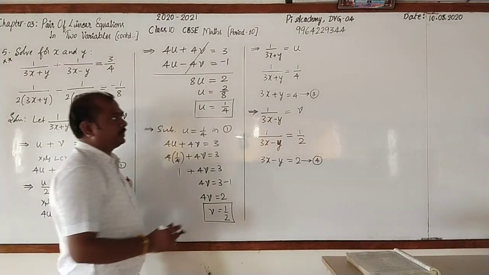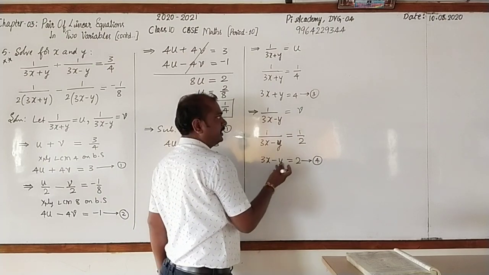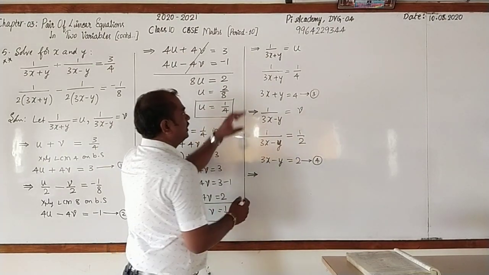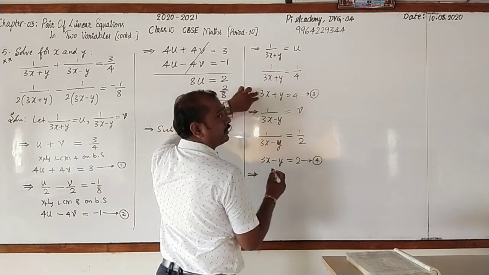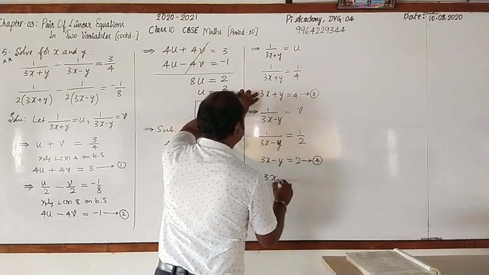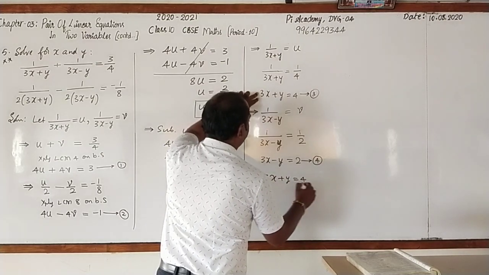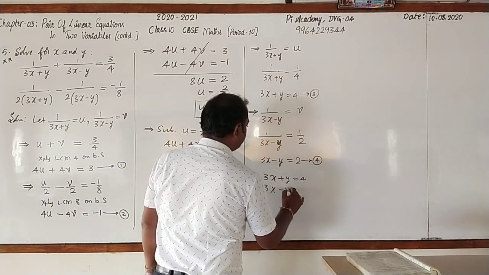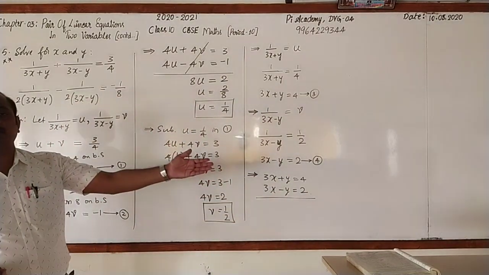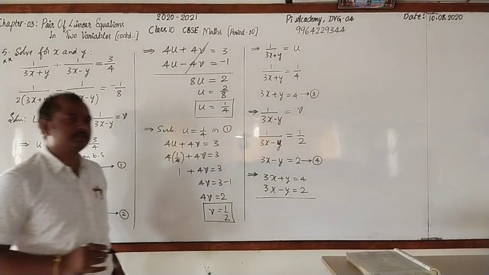Now observe both the equations. The coefficients are the same. Hence, directly you can go for taking them together to solve. Here, by which method will you follow? It is elimination. The first equation is 3x plus y equal to 4, and the second equation is 3x minus y equal to 2. Observe, the coefficient of y is the same but opposite in sign.